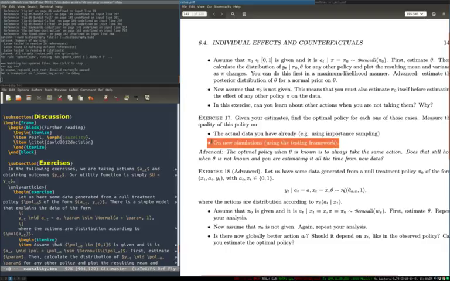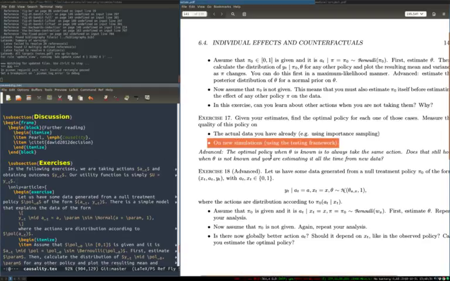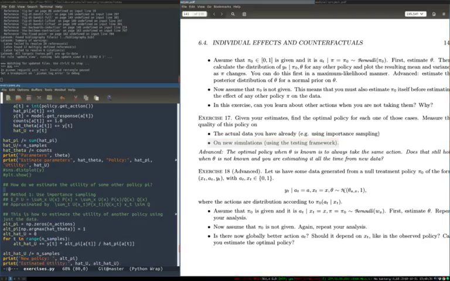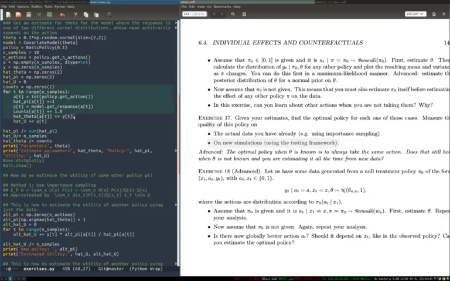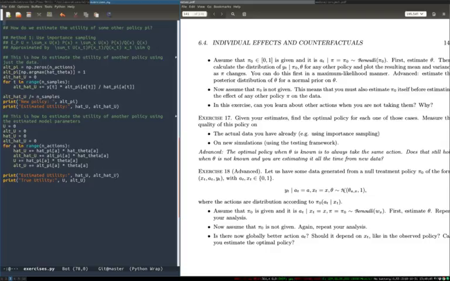So for this exercise you can try and just simulate data from the model that we have already. So here we already generated data, so we can generate more data and see how well the policy behaves. Okay, but then these estimates should be the same ones as what you get by using the true model parameters.